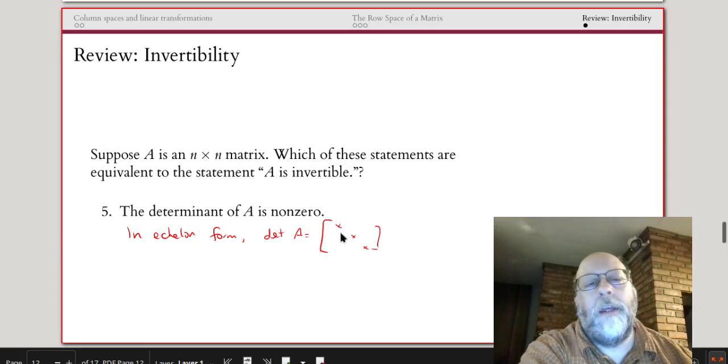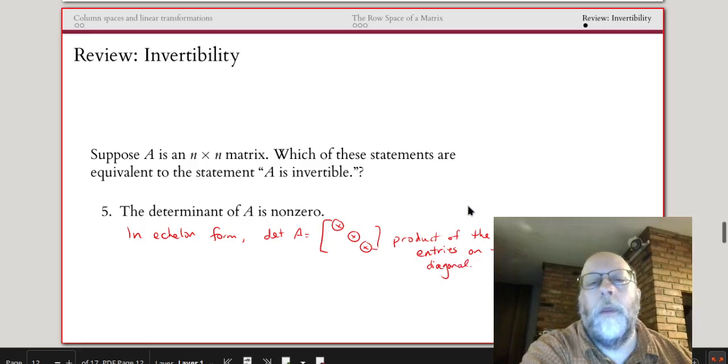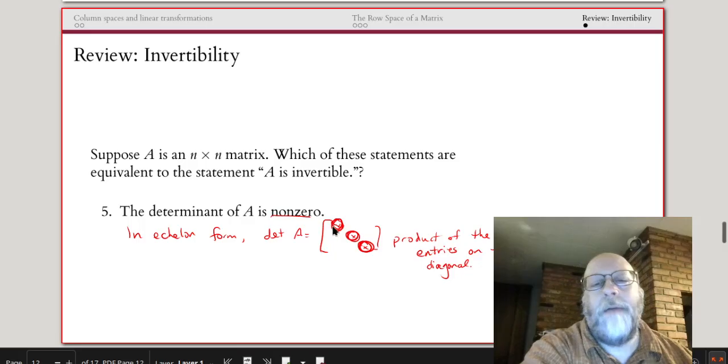So it's the product of the entries along the diagonal. But if the determinant is non-zero, that means that this cannot be a zero, and this cannot be a zero, and this cannot be a zero. And that means we have a pivot in every row and every column.